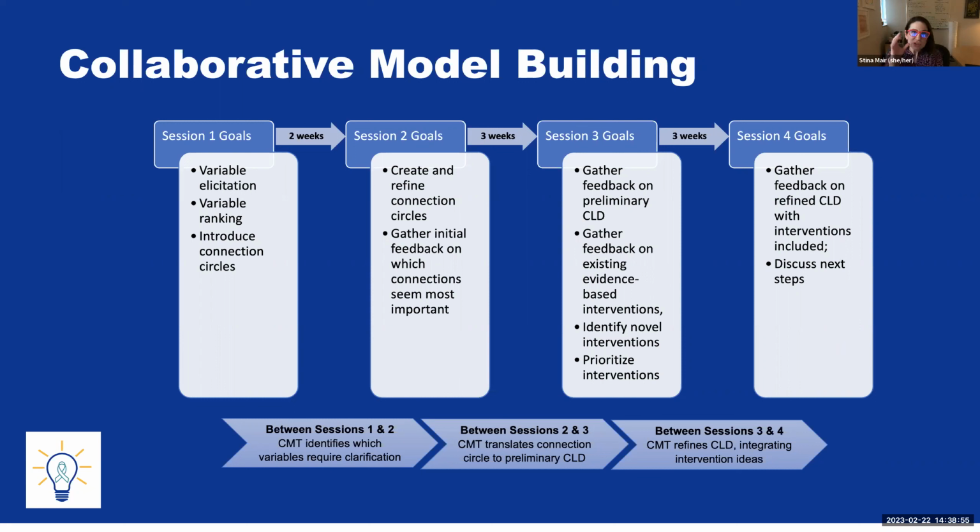Between sessions 2 and 3, the core modeling team takes those and builds out a preliminary causal loop diagram, like the one I showed you from the pilot study. So it's one big system with potentially not every single connection circle, but the ones ranked as most important. Then you bring that causal loop diagram and you get feedback on it.